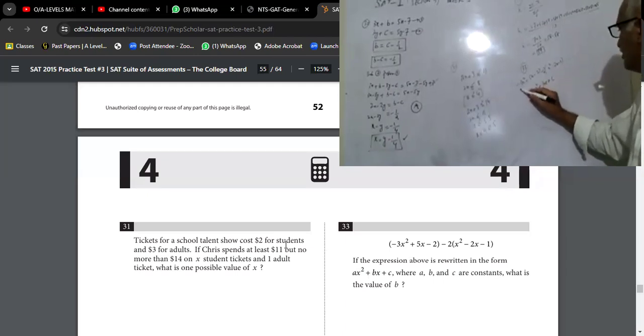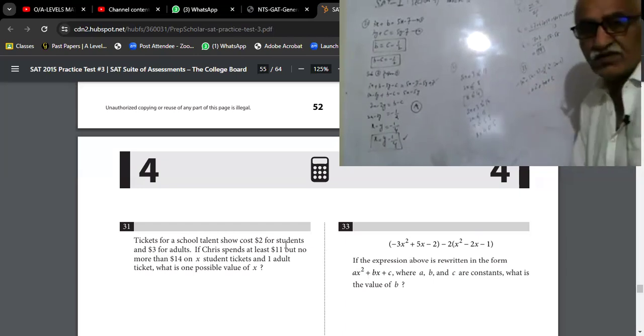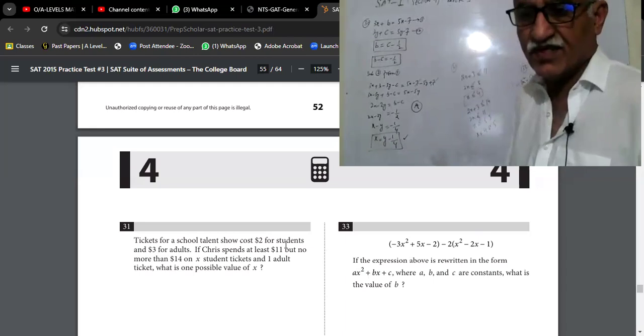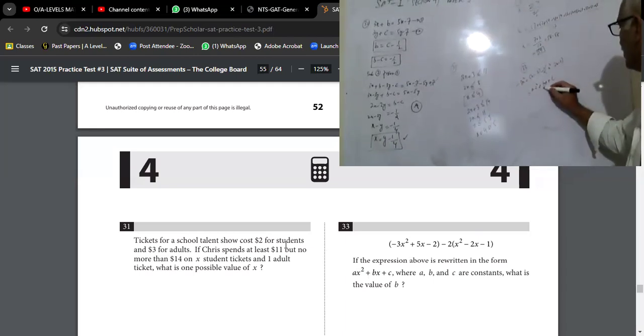Because we are only interested in the coefficient of b, we will only find the coefficient of x. So here we are just finding the x value there.